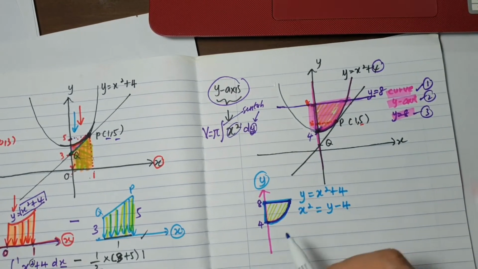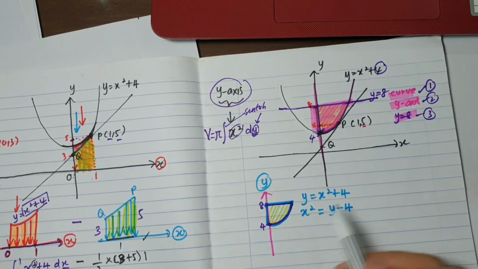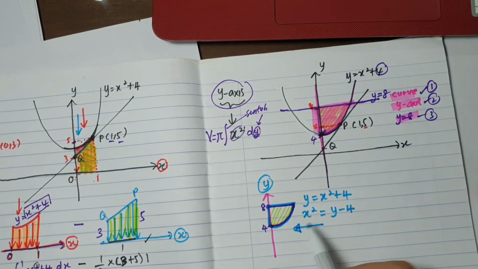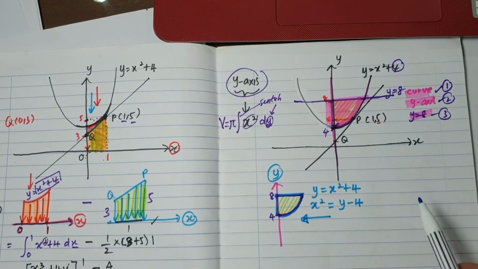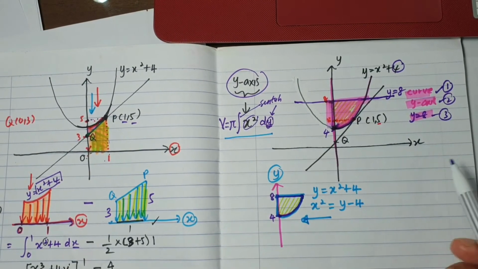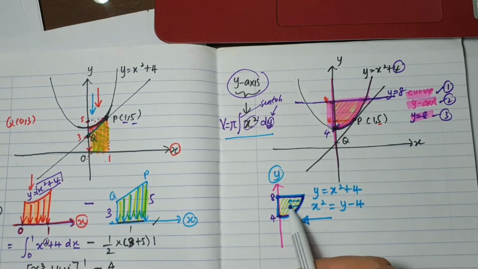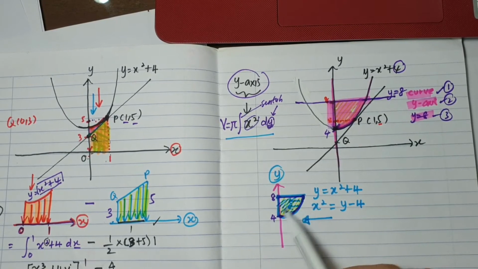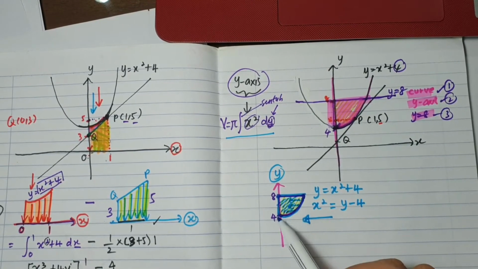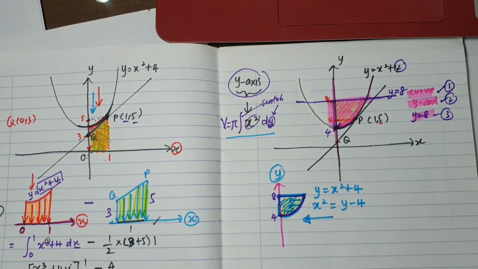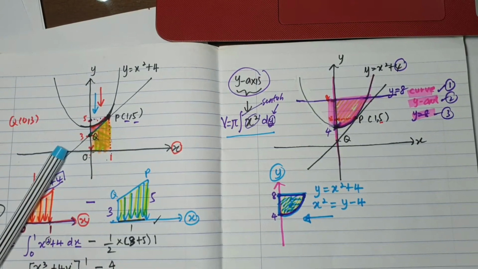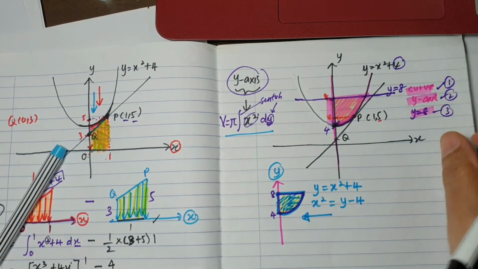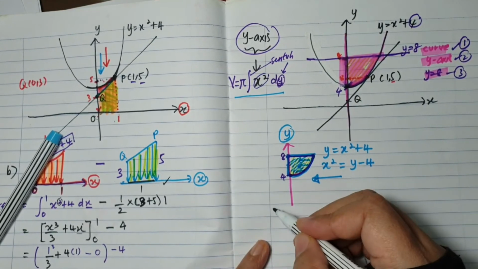Revolving about y, it is the same as area, only the formula is different. The region is still under the curve, bounded by the y-axis, revolved about y. Now let's integrate to find the volume.